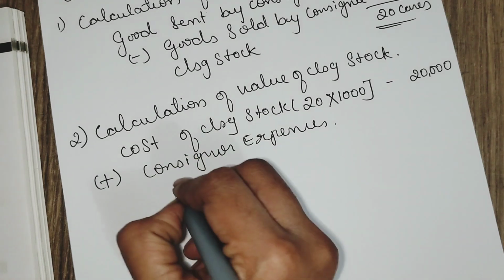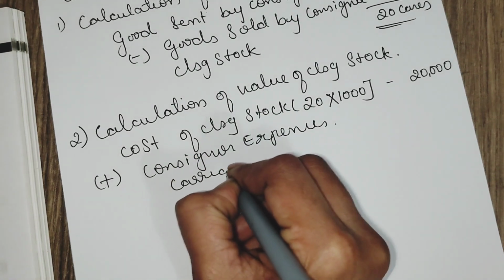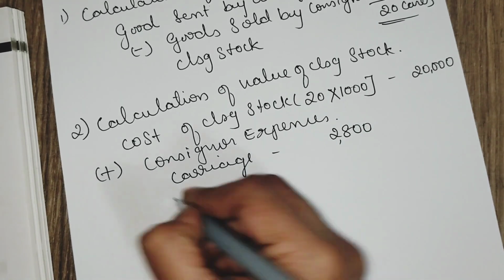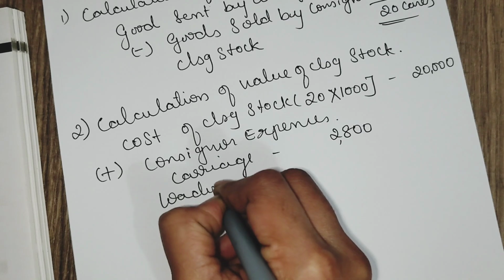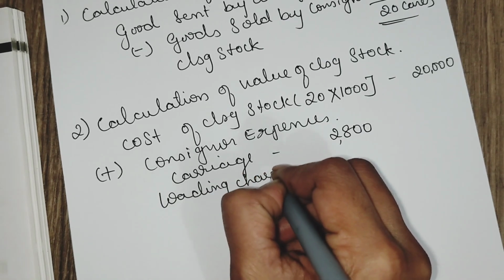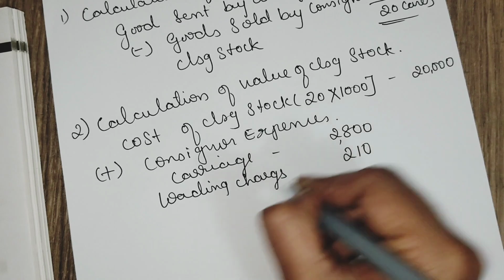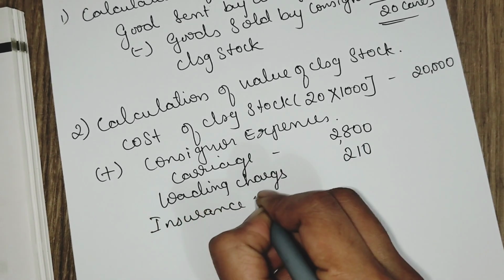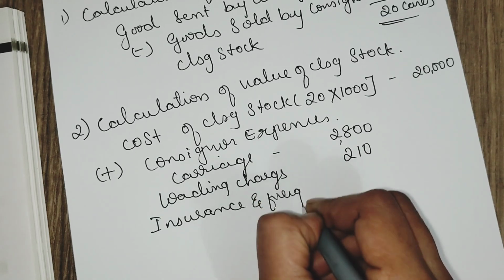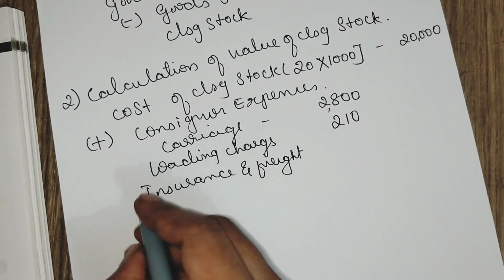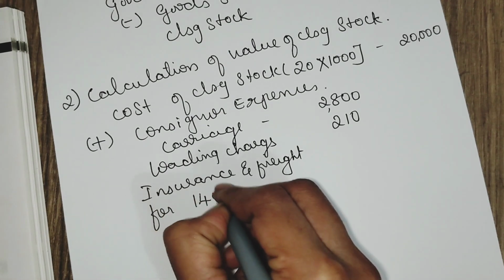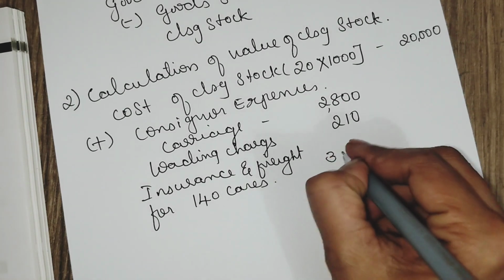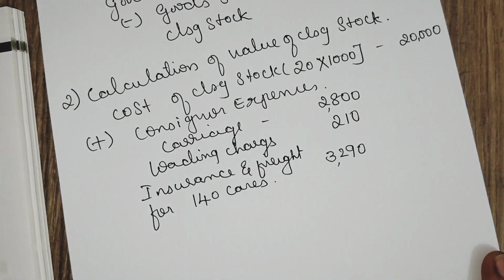Consigner expenses: carriage is 2800, loading charges 210, insurance and freight for 140 cases, because the total 140 cases is given, 3290.